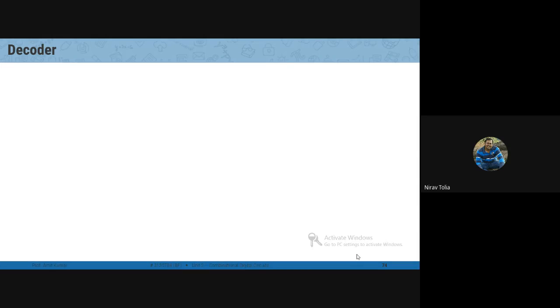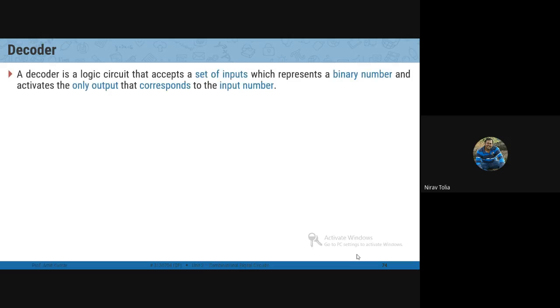Okay, so let's say this is the decoder. Now, what is the decoder? The decoder is the circuit which accepts a set of inputs.